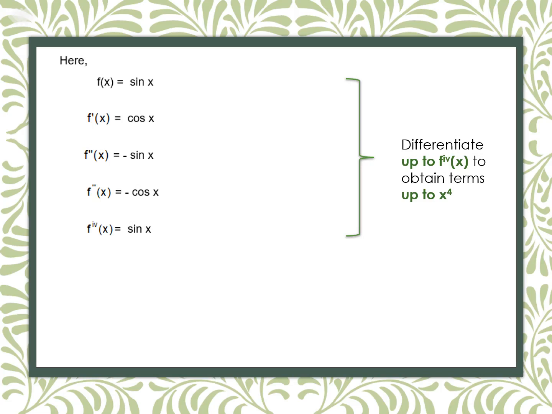Differentiate sine x, you will get f prime x equal to cos x. Differentiate again, the answer for f double prime x is equal to negative sine x. Differentiate one more time, you will get f triple prime x equal to negative cos x, and differentiate for the fourth time, you will get f 4 prime x equal to sine x.